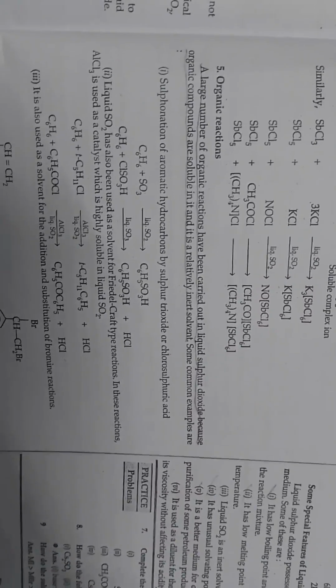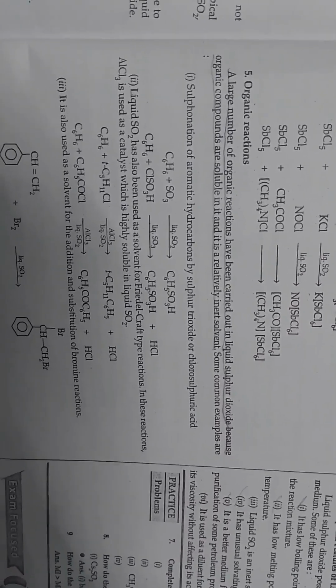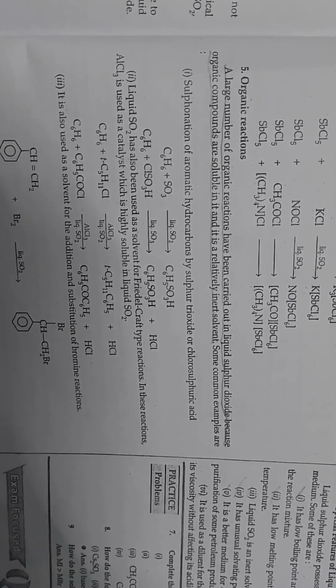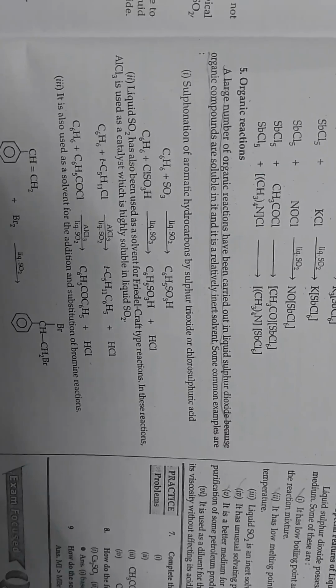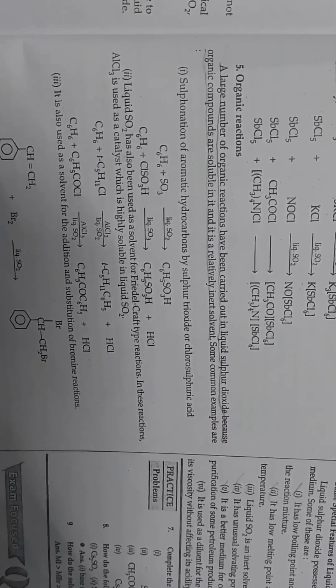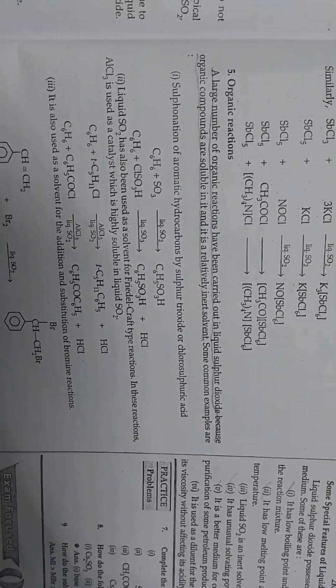SbCl5 plus NOCl gives NOSbCl6. SbCl5 plus CH3COCl gives CH3CO SbCl6. SbCl5 plus (CH3)4NCl gives [(CH3)4N] SbCl6.